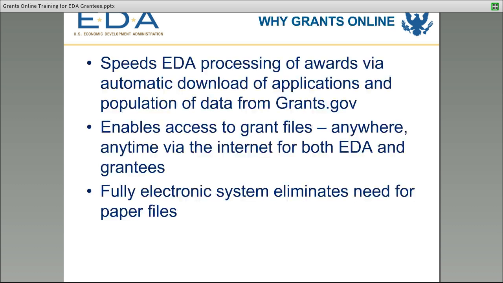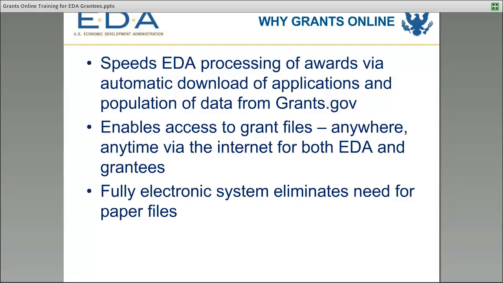Grants Online is a fully electronic grant processing system. It was developed by our sister agency here at the Department of Commerce, the National Oceanic and Atmospheric Administration. The system will greatly assist us in speeding the processing of our awards, as it has an automatic interface from grants.gov.